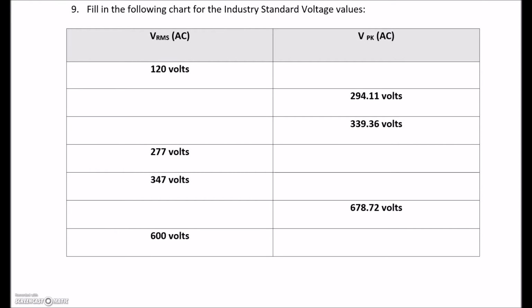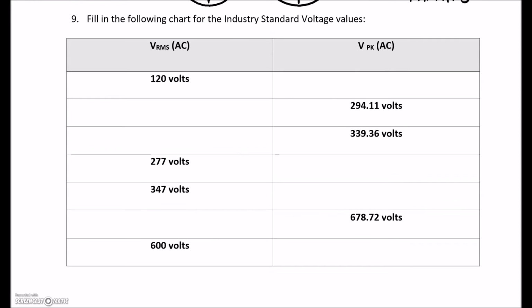All right, so with this one here, if we're going to find each of our values, I'm going to give you this chart. This review and the test are basically a carbon copy of each other, right? They're just different values. I've given you basic standard voltages that we're going to see in North America. I've given you the peak voltage and you want to give me the equivalent RMS value.